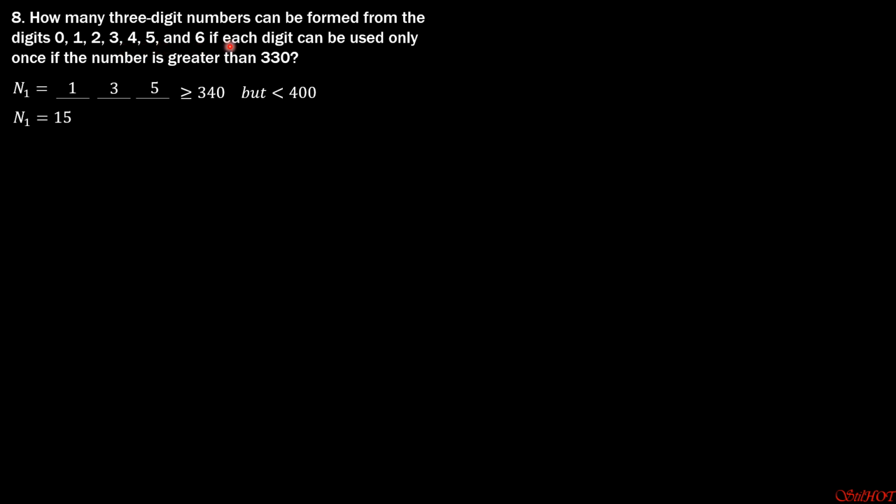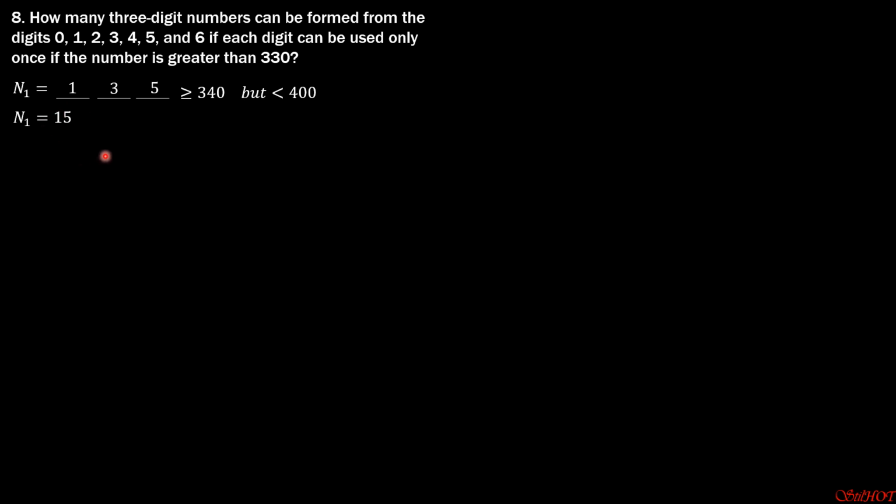So 10, 5 more. 360, that's the 11th. 361, 12. 362, 13. 363 is not qualified. 364, that's the 14th. 365, that's the 15th. So it's really 15.